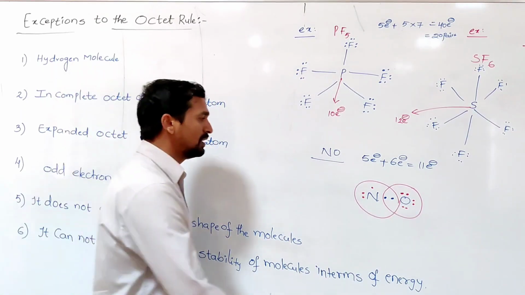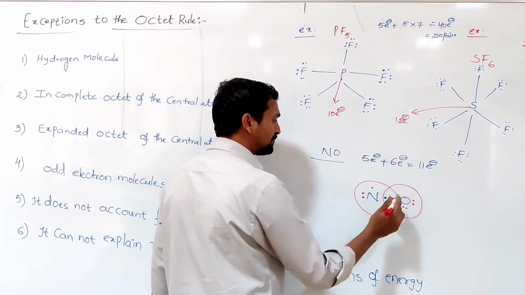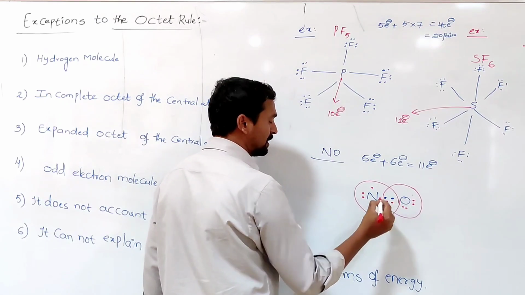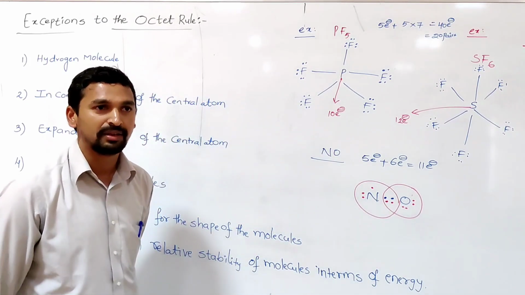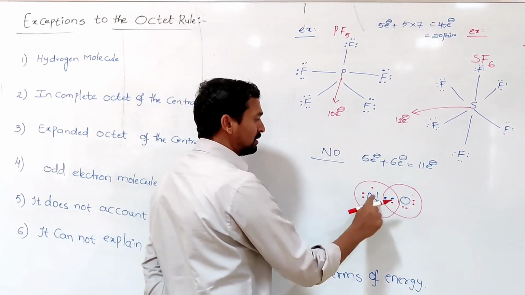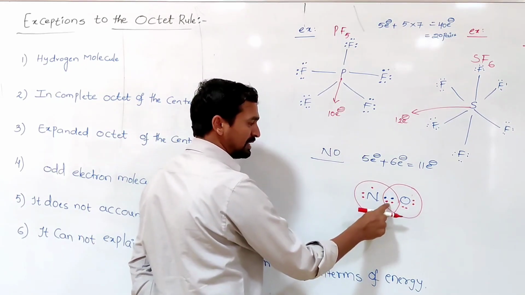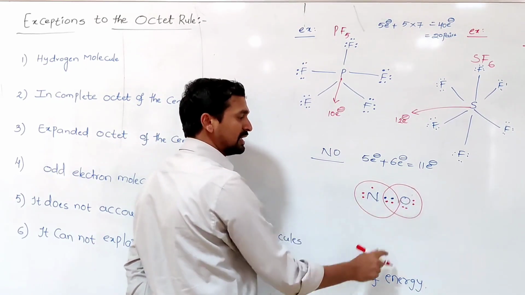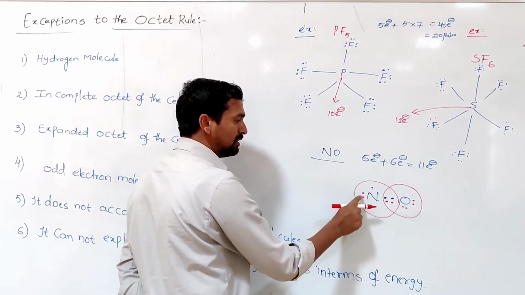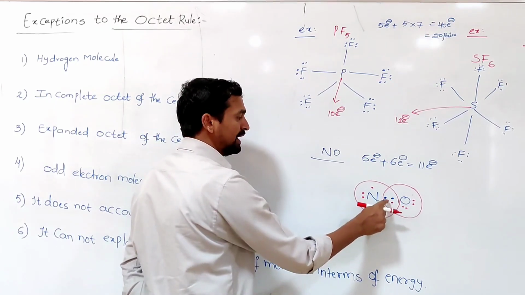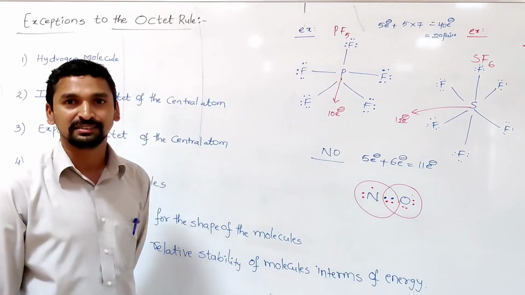No. Then what I should do is shift one more electron pair between the nitrogen and oxygen. Then here 2, 4, 6, 8. Oxygen gets 8 electrons. But what about the nitrogen? 2, 4, 6, 7. Only 7 electrons are there.